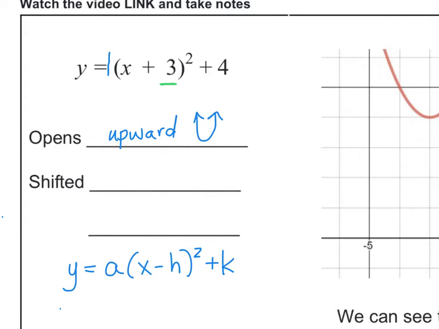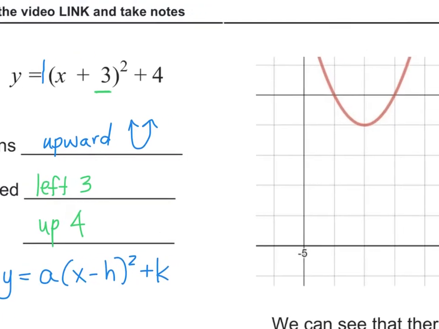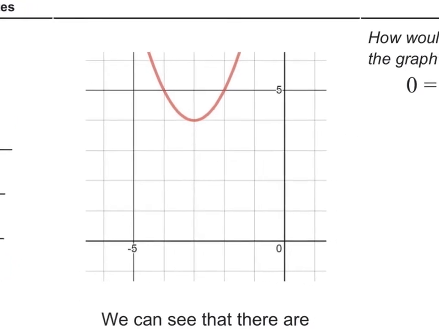Because it had to be x minus a -3, so that it shows up as a positive. It's the opposite of what we see there. So we know that our graph is shifted to the left 3 and up 4. And in fact, if we examine our graph, that is exactly what we see over here.